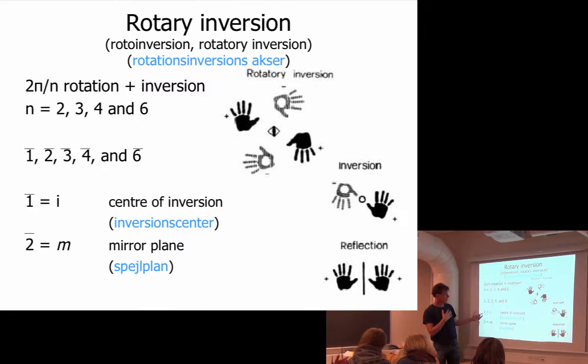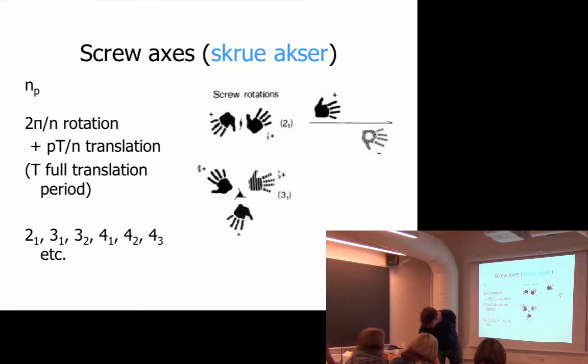So, a one-fold axis with an inversion involved is just an inversion center. And this 2-bar axis, so we put a bar on top here, this rotary inversion, which is a 2-fold axis and an inversion, that's actually the same as a mirror plane. Right? So instead of writing 2-bar, we often write m, mirror plane. Then we have these screw axes.